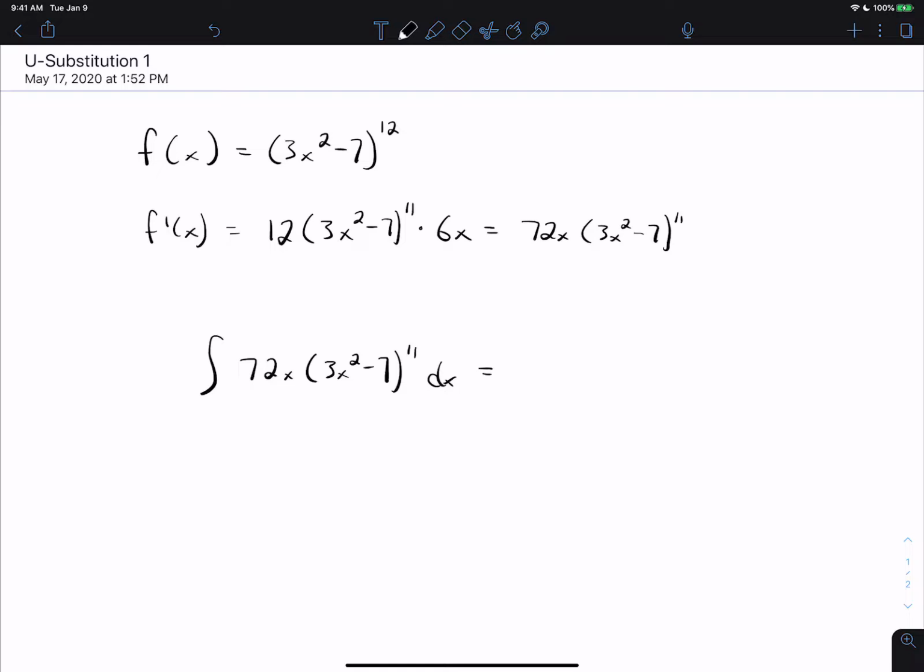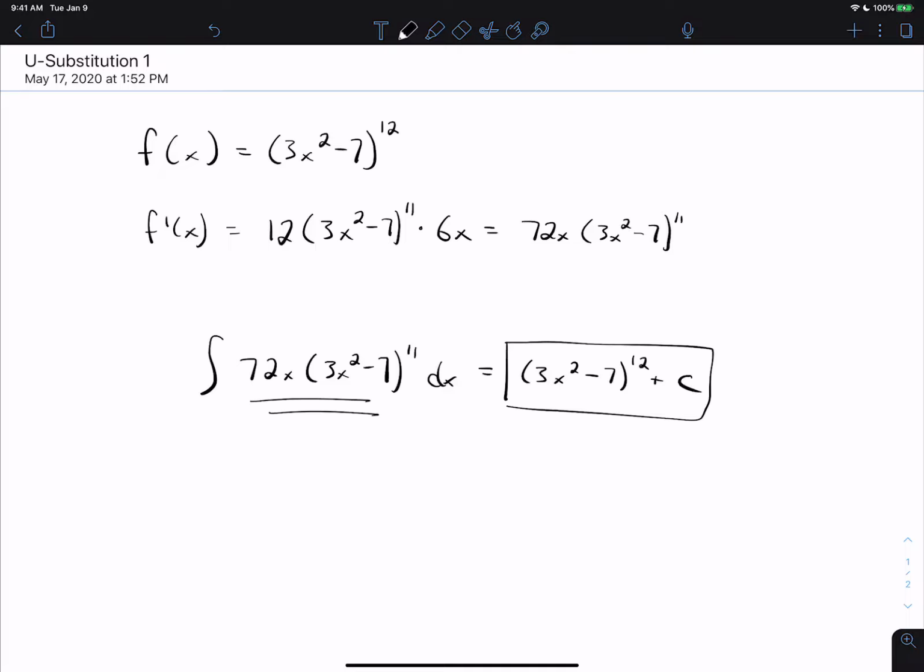Well, because of what we just showed, the answer is 3x squared minus 7 to the 12th plus c, because we know from above that if you take the derivative of that, you get 72x times 3x squared minus 7 to the 11th power.